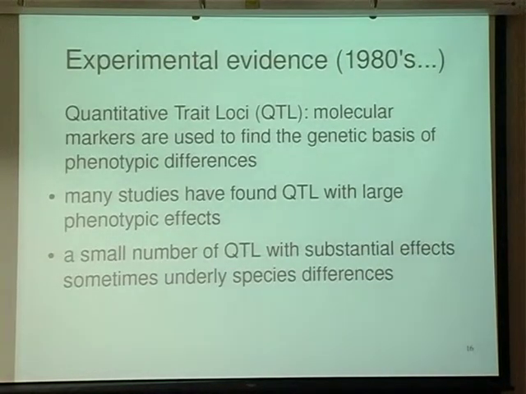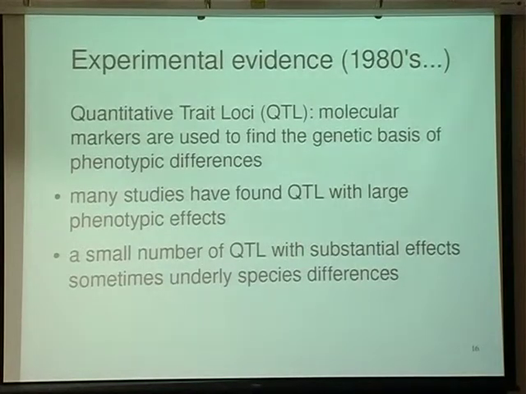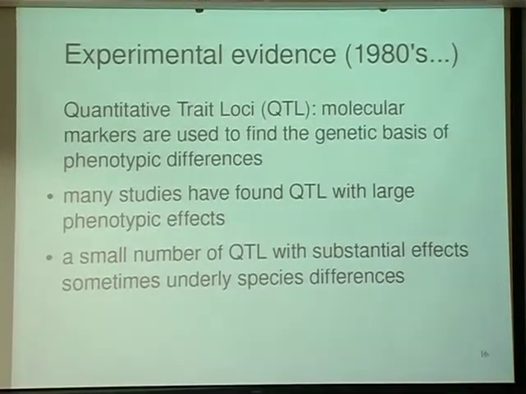And many studies began to find QTL, so single loci that had very large phenotypic effects if they were mutated. And sometimes a quite small number, a handful of QTL, each of which had substantial effect, would sometimes underlie species differences. So this pointed to not only were steps discrete in adaptation, but sometimes the steps were quite big. And this was kind of new, right, at the time. It was a big insight that came from QTL.